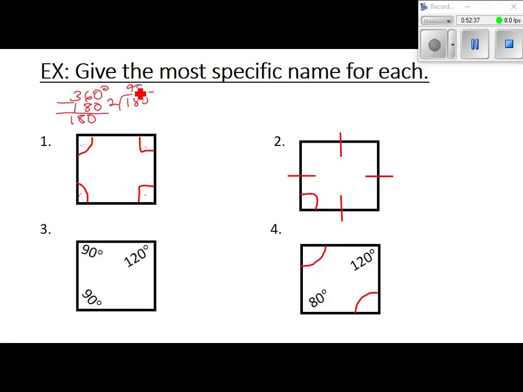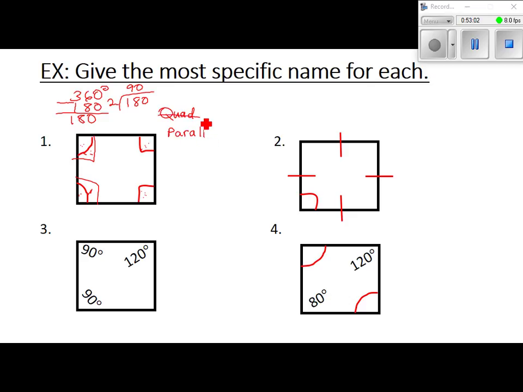So not only are these two over here a right angle, but these two are also right angles. So if we start looking down our chart, we know it's a quadrilateral, but that's not the best name, because opposite angles here are congruent. Both pairs of opposite angles are congruent, so it's a parallelogram.